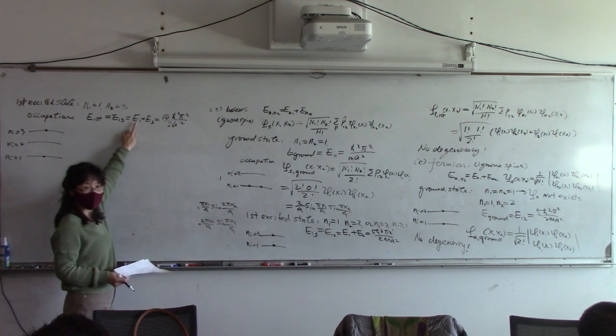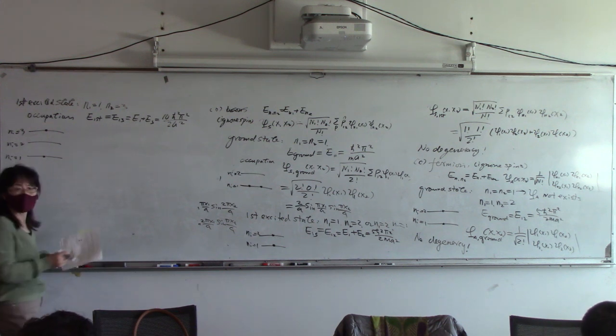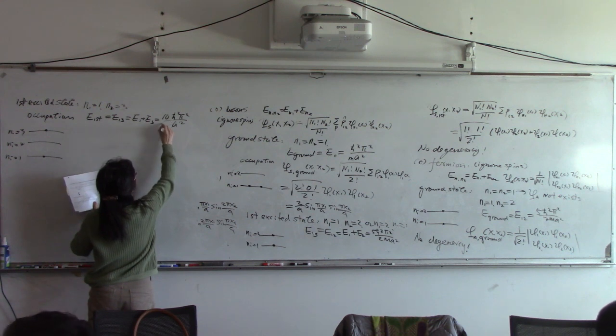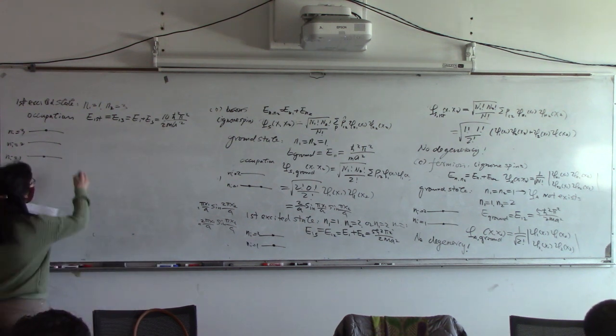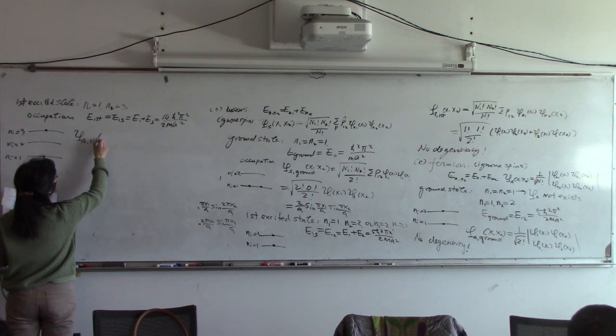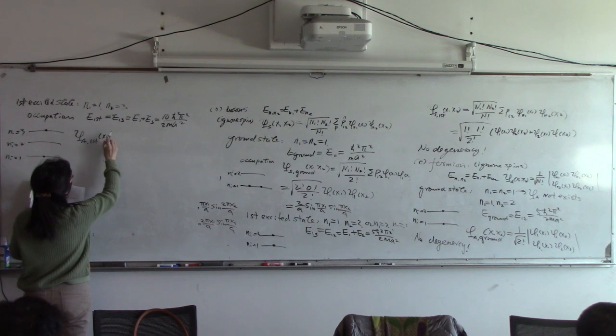This is 1 squared, this is 3 squared, so that together is, yeah, over 2ma squared. Yes. For the symmetric spatial state, we already know n1 and n2: one is 1, another is 3.